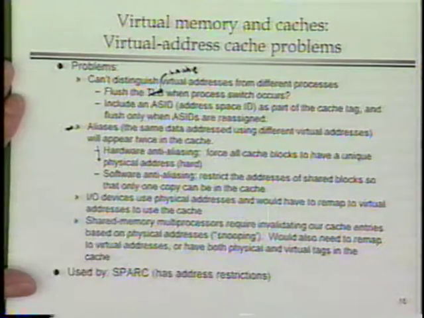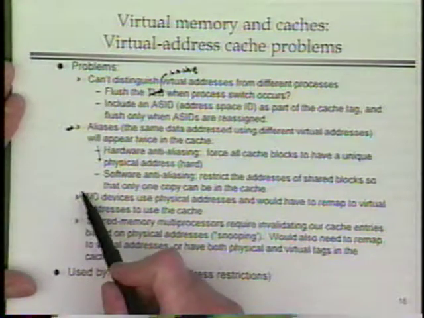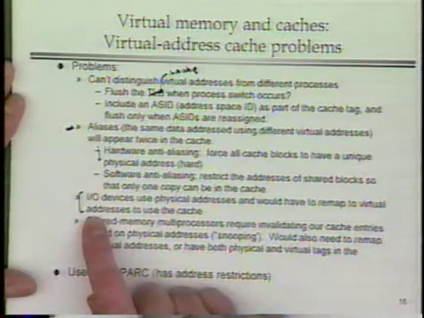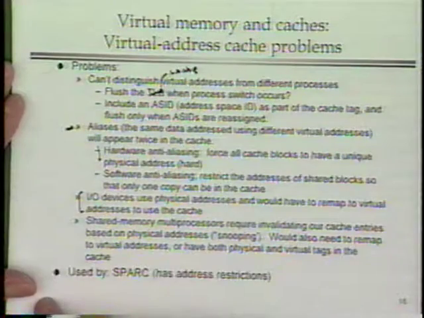The other problem that comes up with caches that use virtual addresses is that I/O devices are typically using real addresses, and in order to access data which is in the cache, they're going to have to do a kind of reverse translation from physical address to virtual address.